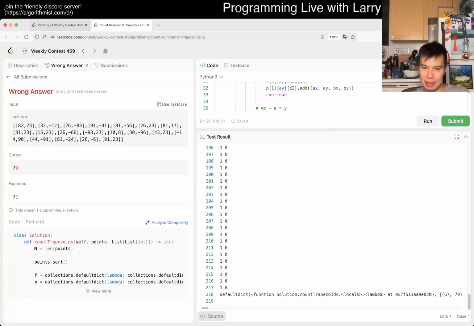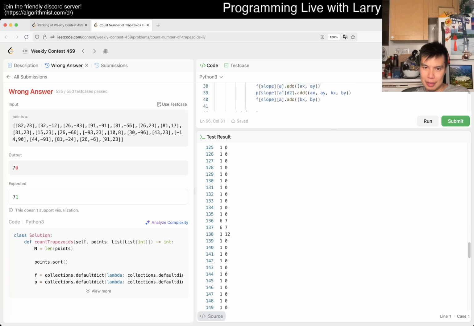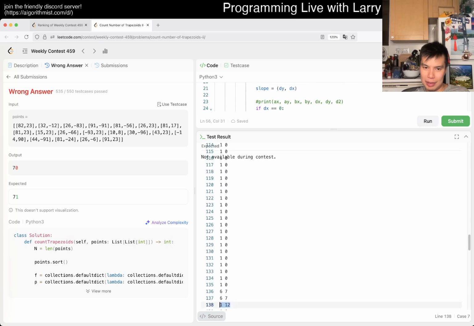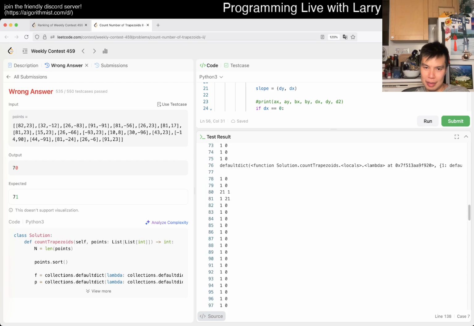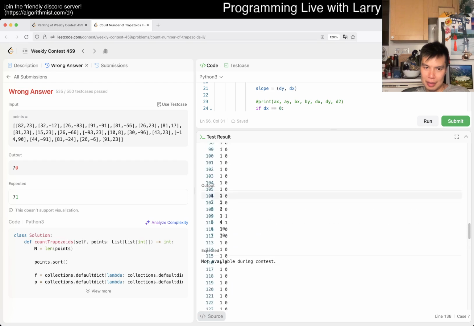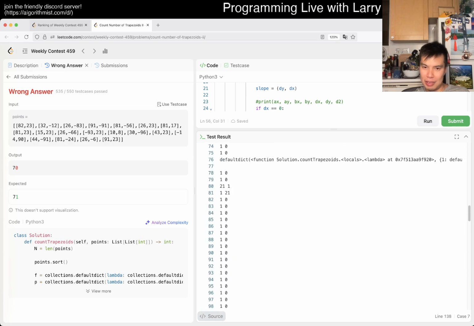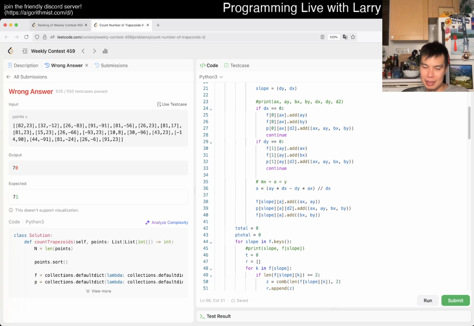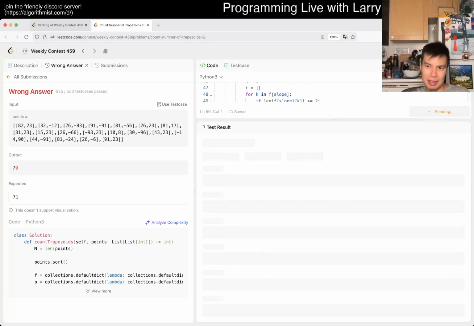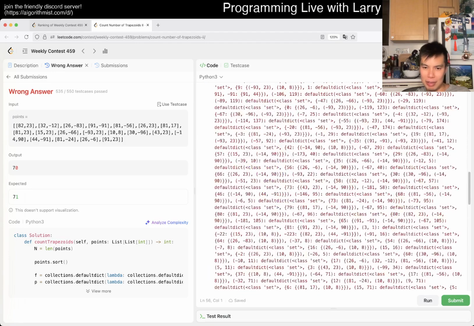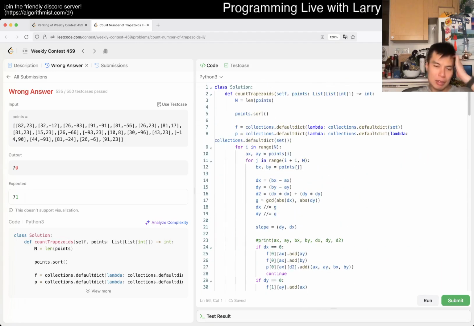So there's just a lot of singular ones, except for this 12 thing and 21 of one thing. This is just so hard to debug without visualization and whatever.